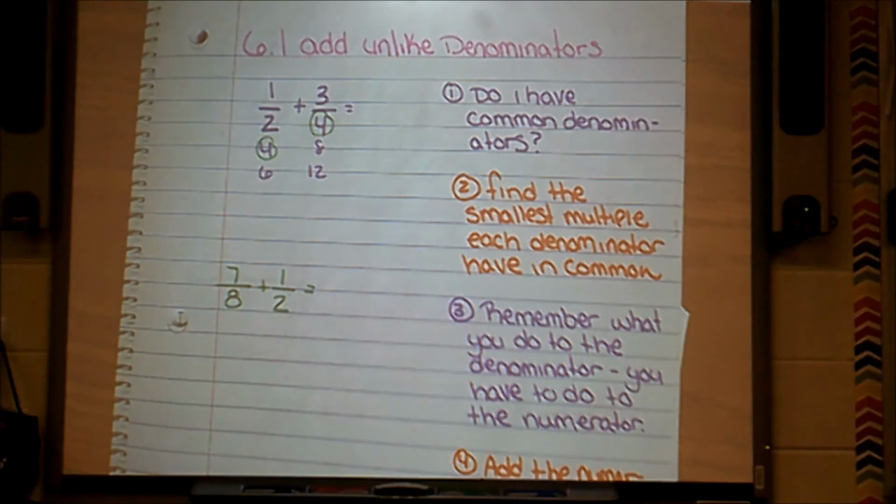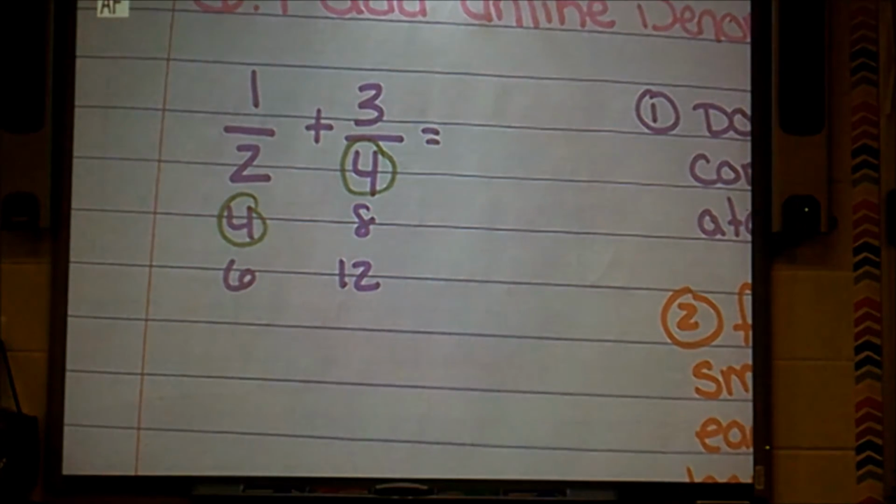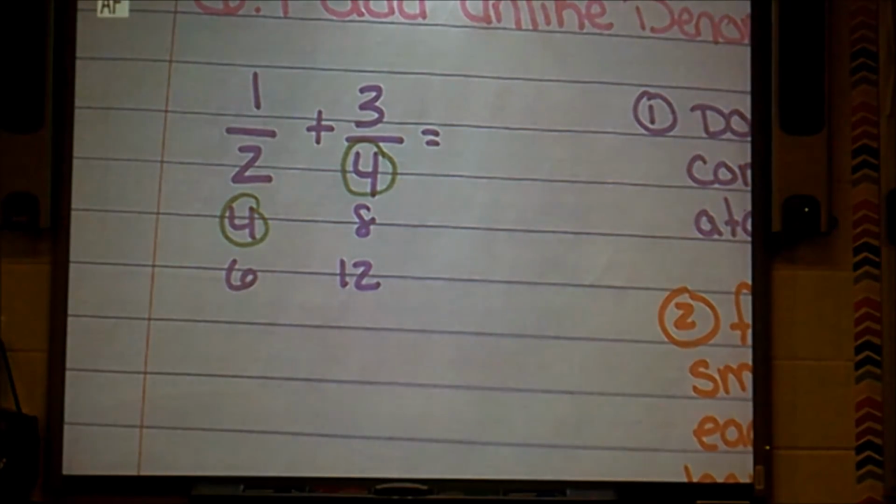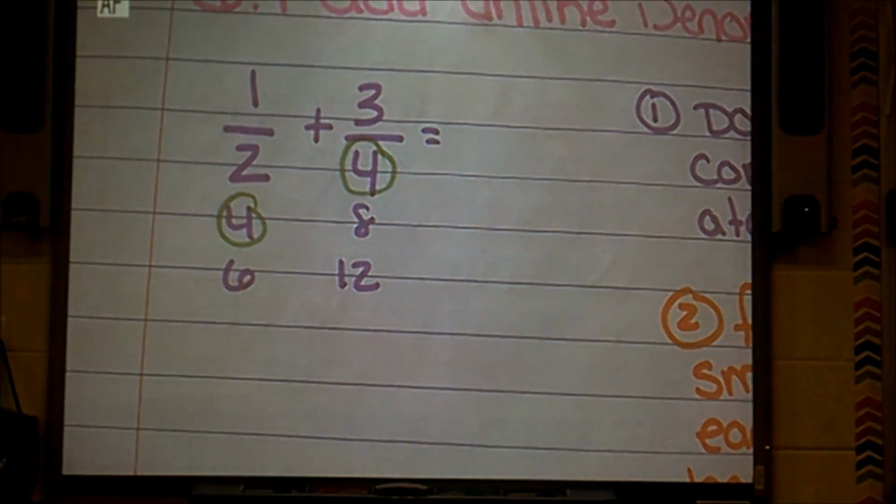As I counted by 2s and by 4s, I noticed that they have the number 4 in common. I can count by 2s and hit 4, and obviously I can count by 4s and hit 4.